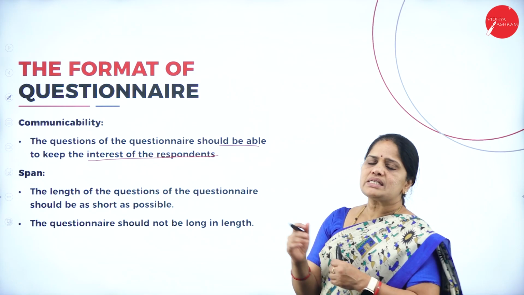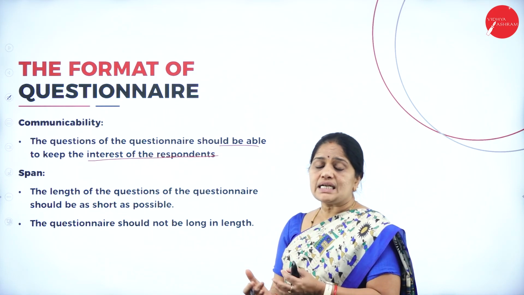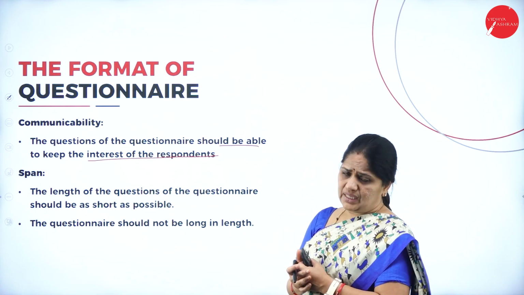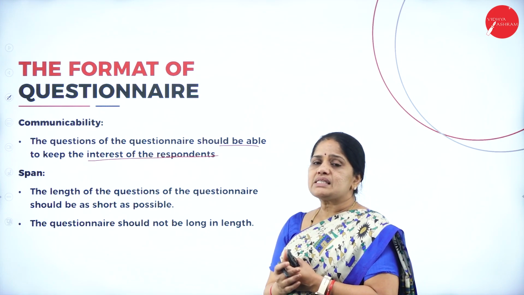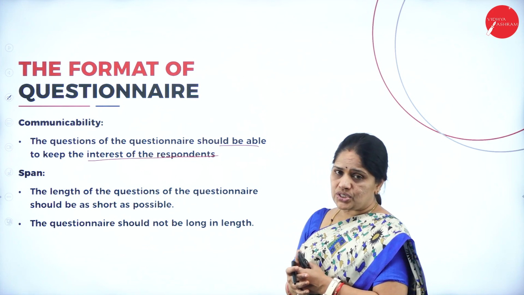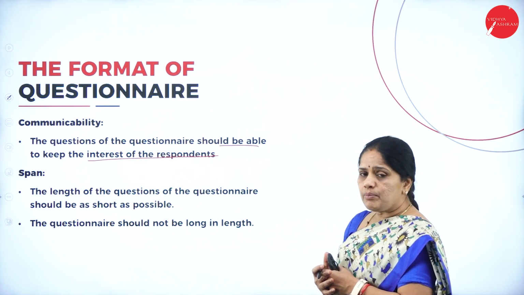So, whenever you are sending the questionnaire, take care to see that the questions are quite interesting to the respondent. In case the respondent loses interest in the questionnaire, then that means that he will not complete the questionnaire. So, try to keep your questions as interesting as possible.